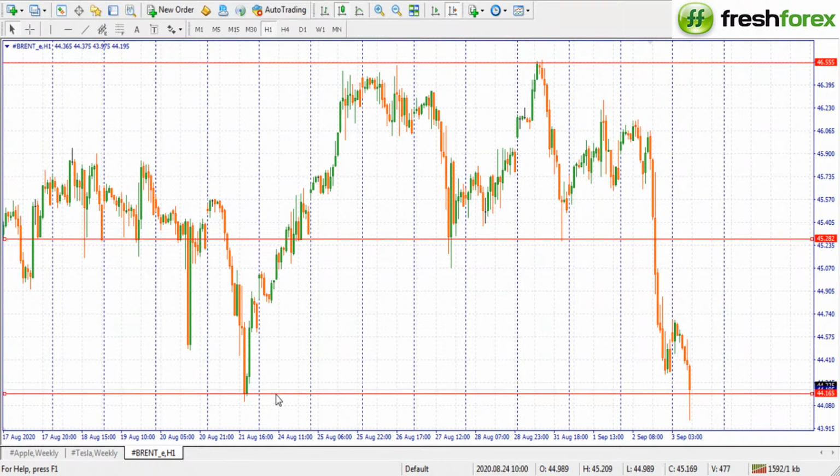So if the price bounces off from this level as it is doing now, then this will give us the correct place to look for a buy from. Actually, we do expect a buy up to 45.282. And if the price breaks higher, then the next best place is the level at the very top.